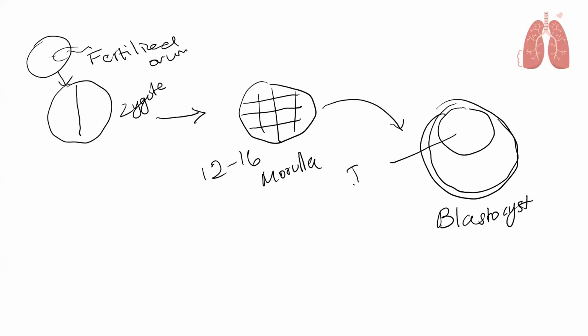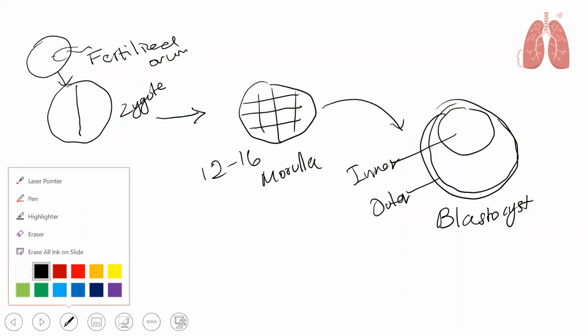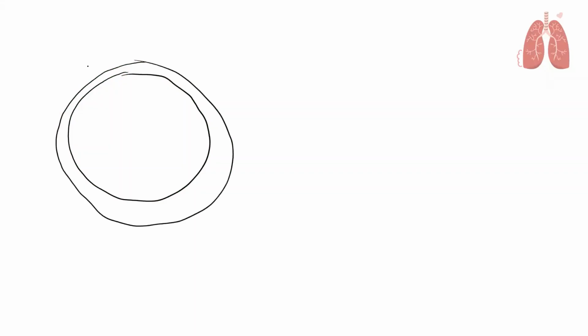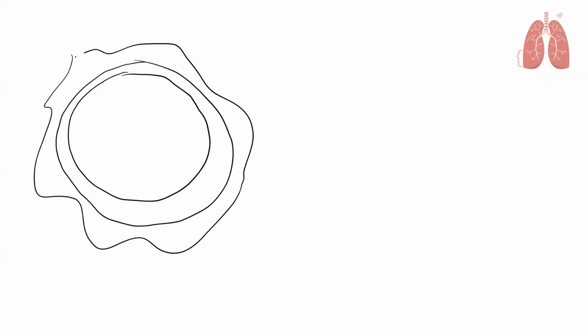Then you have an inner cell mass and an outer cell mass. This further develops into a bilaminar disc. In the outer layer, you develop 2 cell layers: the syncytiotrophoblast and the cytotrophoblast.